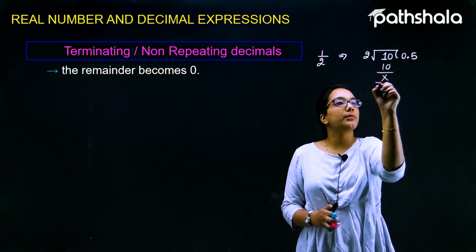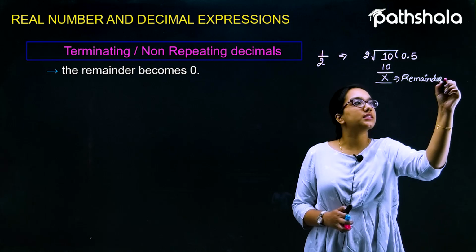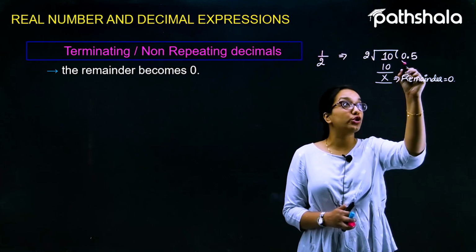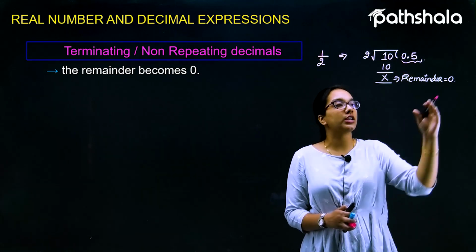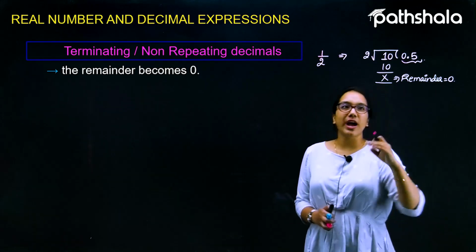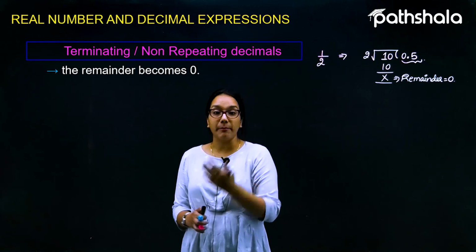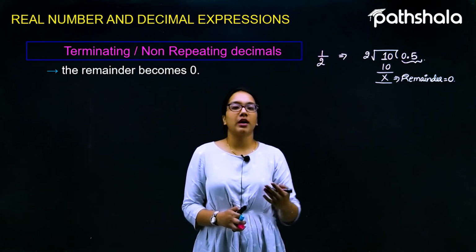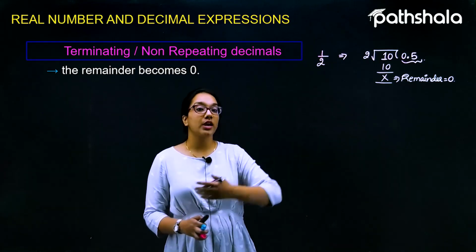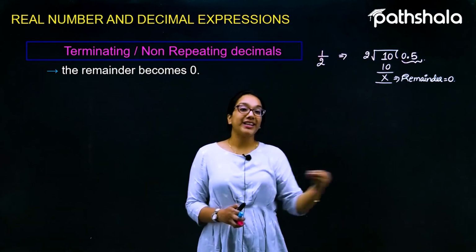So it is terminating, meaning the remainder here is 0, and there is no repetition in the quotient. Any number which terminates, or whose remainder is 0, is called a terminating and non-repeating decimal, in which the quotient does not have any repeating string of numbers.